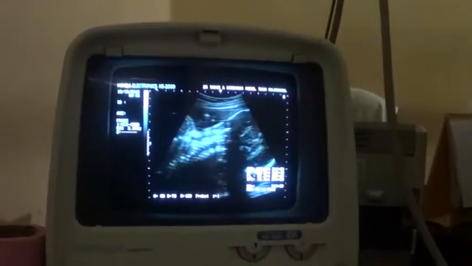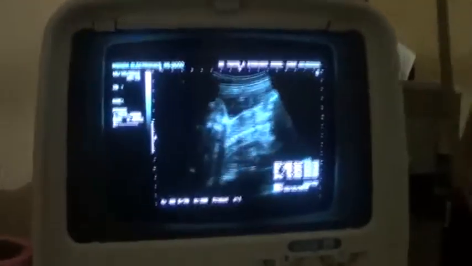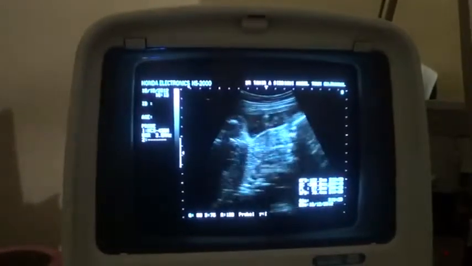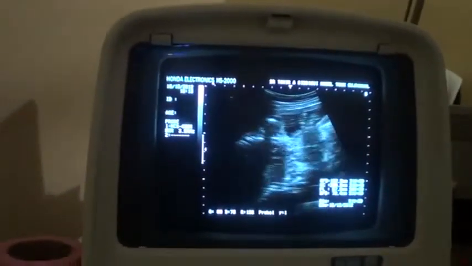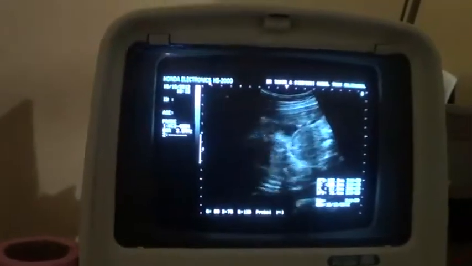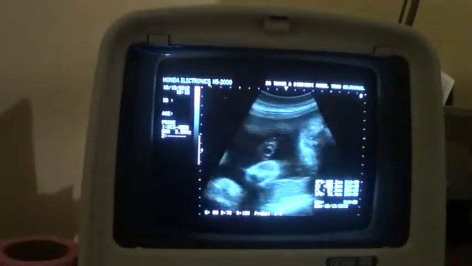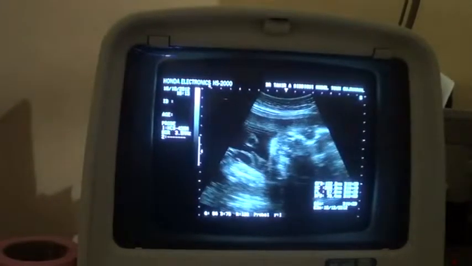This is the neck region. And at this region we do see an anomaly. This is the fetal face.